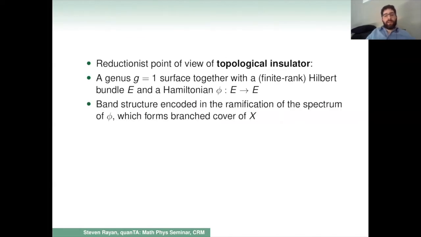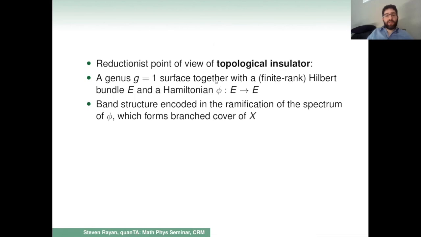The key to understanding the material is its band structure, and this is encoded in the ramification of the spectrum of phi. So phi, if you like, has spectral data, and that forms sheets over our topological surface, and that forms a branched cover of X.